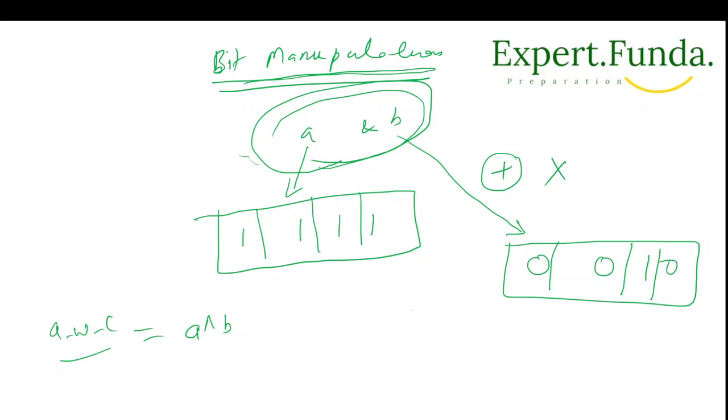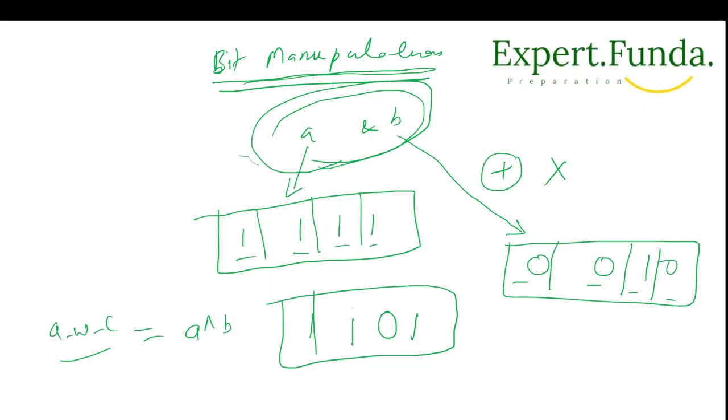The first bits are 1 and 0, and 1 and 0 gives 1. Next we have 1 and 1, and 1 and 1 become 0. Now we have 0 and 1, which gives 1, and 1 and 0 gives 1. So if we represent this, this is our answer: 1 1 0 1.